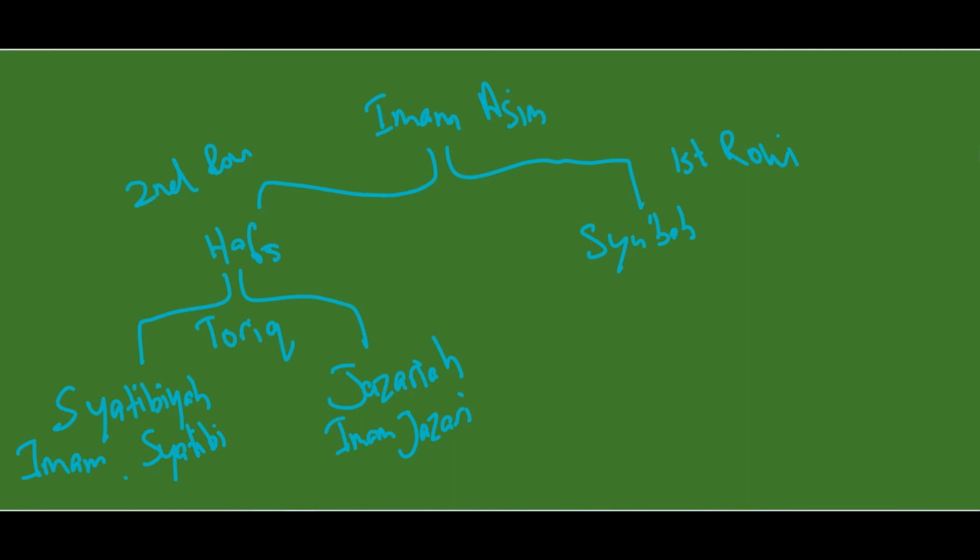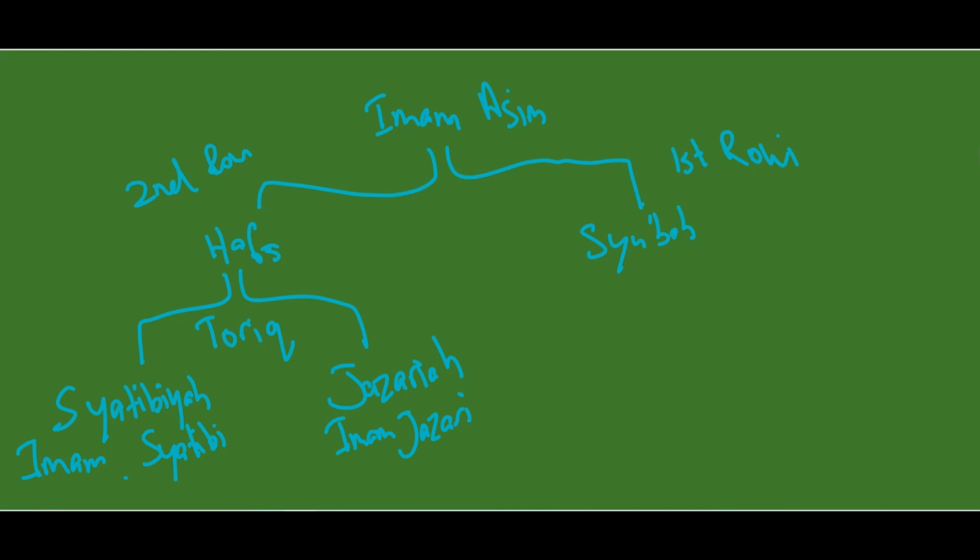they come 100 or 200 years after Imam Hafs. They are not direct students of Imam Hafs. But why are there two paths? Because again, their deep understanding of the Quranic recitation, they understood that it had to be separated into two paths.